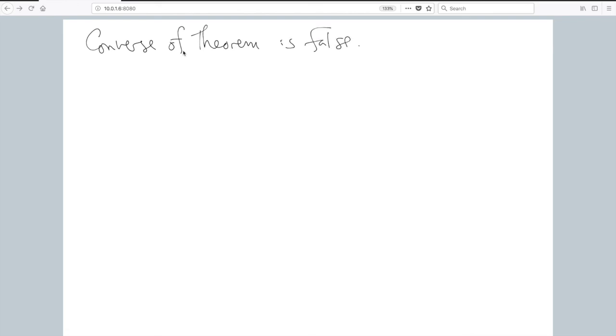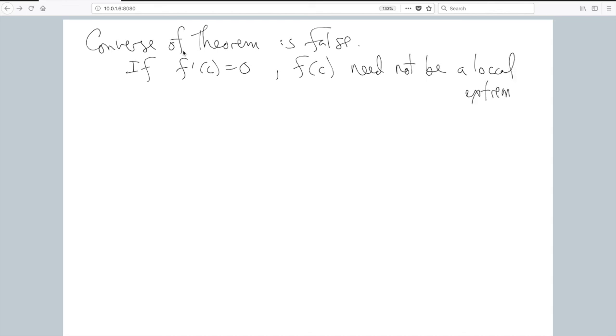So specifically, if f prime of c equals 0, f of c need not be a local extremum. And the counterexample we use to argue for this is a pretty simple one.